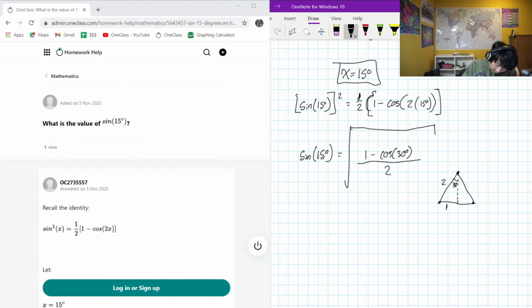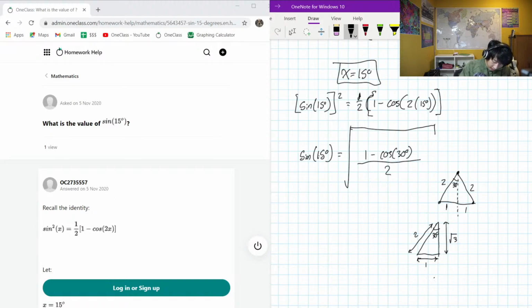This now has a side length of 1. And if we take this half of an equilateral triangle, chopped in half, this right here with Pythagoras theorem has to be root 3. This has to be 1. Hypotenuse has to be 2, and this is the 30 degrees that we're looking for.